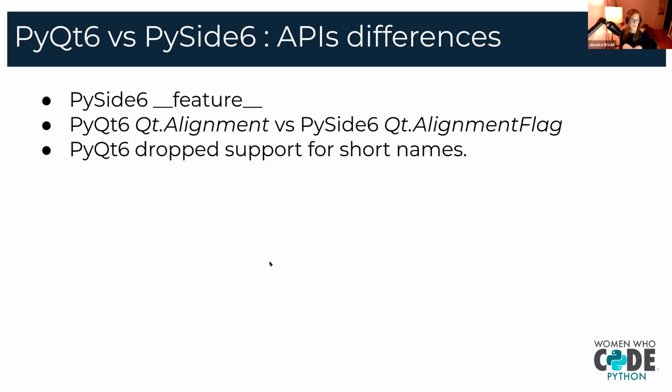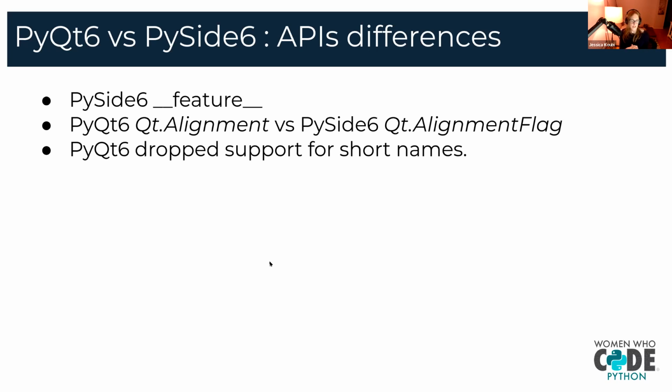PyQt 6 drops support for short names for enums and flags. So PyQt 6 needs to have fully qualified names for both enums and flags, while before, PyQt and PySide both had shortcuts. So it was making the code more portable between the one and the other.